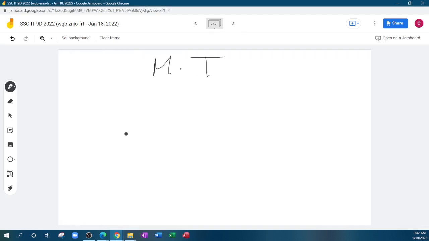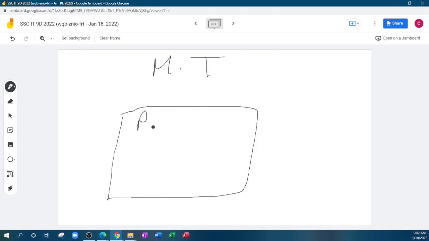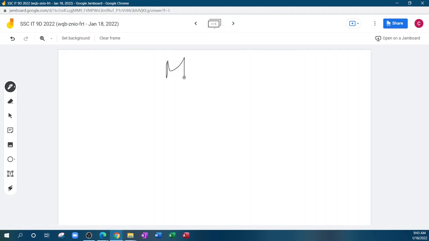Multitasking is when you have one system and all of your programs are running on this one system. So Paint, Chrome, Excel, and so on. Any other program that you would have, they would all run on this system here. Now, multiprocessing is when you're going to have multiple CPUs.